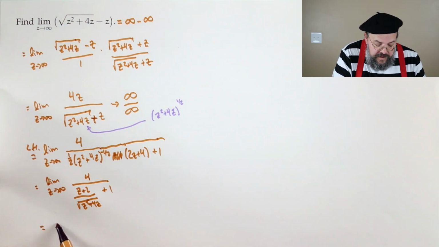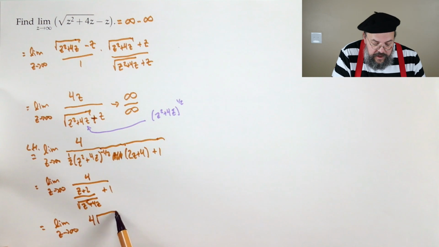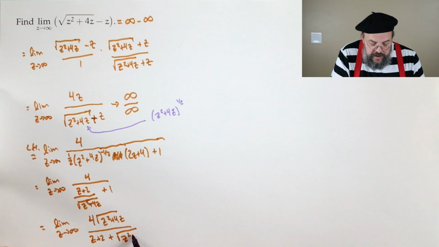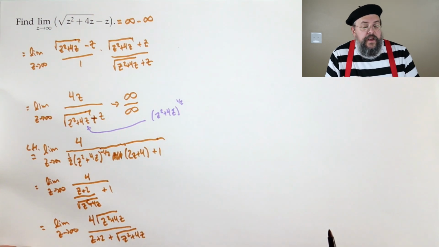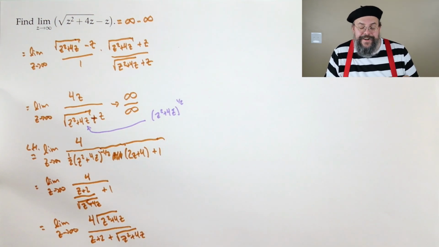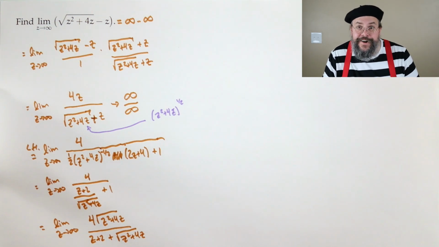So this becomes our limit as z goes to infinity of upstairs 4 times the square root of z squared plus 4z, and then downstairs we have z plus 2 plus the square root of z squared plus 4z. Okay, good. Now, what's happening here?